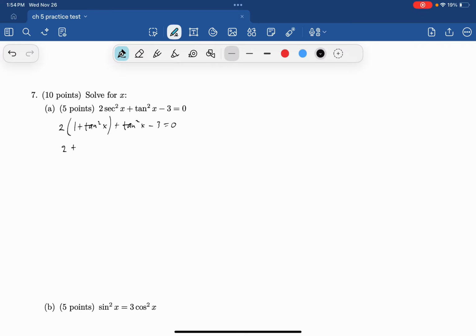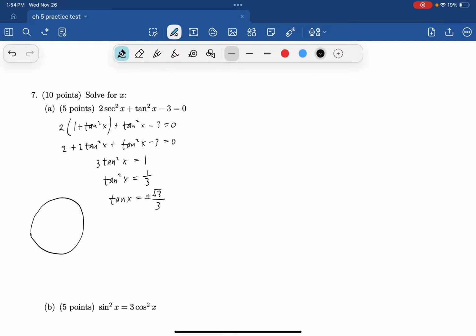So this becomes 2 plus 2 tangent squared plus tangent squared minus 3 equals 0. If we simplify, that gives us 3 tangent squared equals 1. All right, 3 minus 2. So that means tangent squared equals 1/3, or tangent x equals plus or minus root 3 over 3.